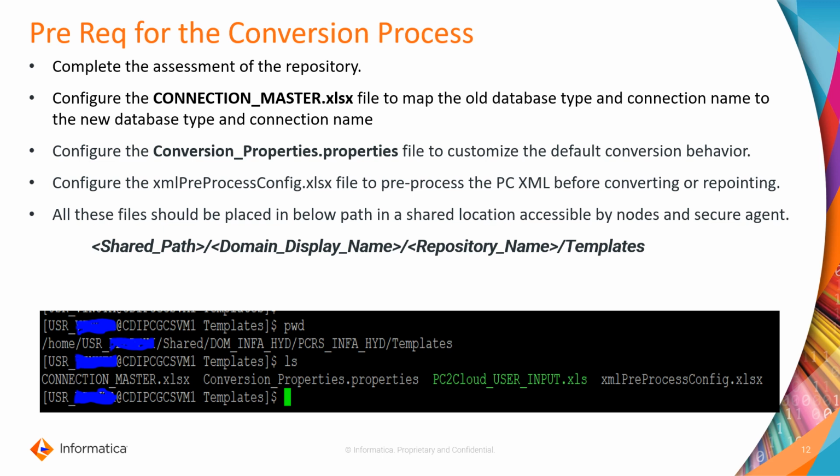If you do not want to, then the set of default properties will be used for the conversion. XML preprocess config is also there if there are some things you want to change at a PC XML level before converting them to CDI. In that case, you can configure the XML preprocess config.xls as well.